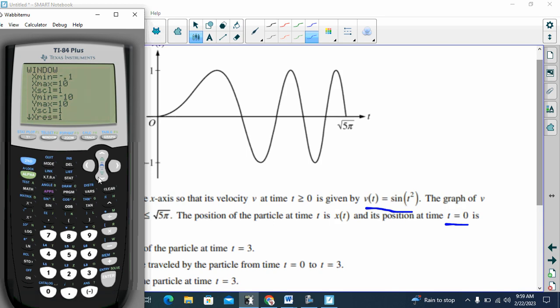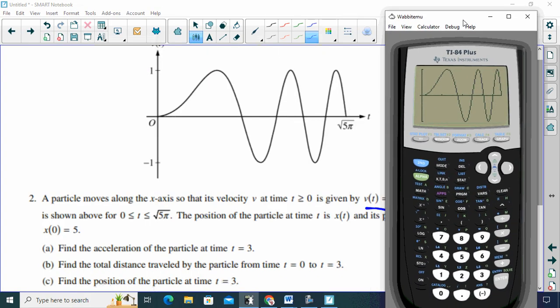Again, I'm going negative 0.1. X max is square root of 5 pi. And y's look like go from negative 1 to 1. So we've got the given graph.